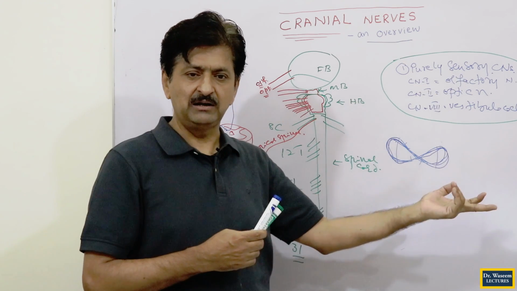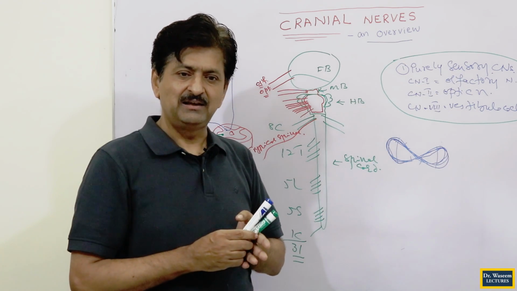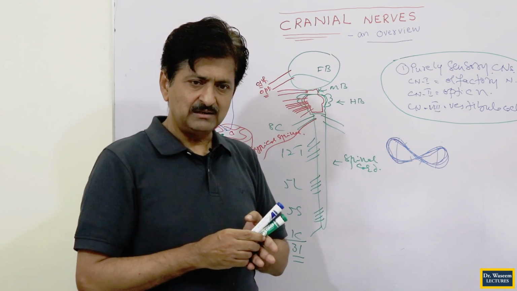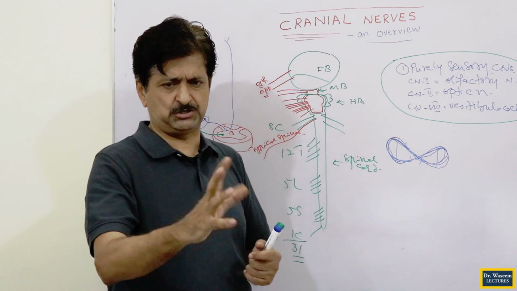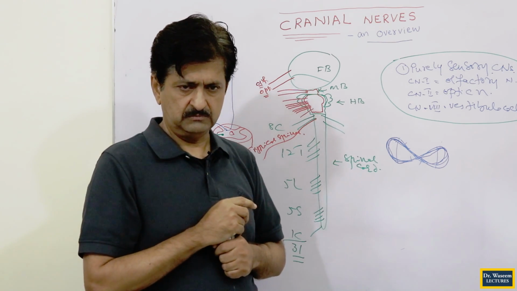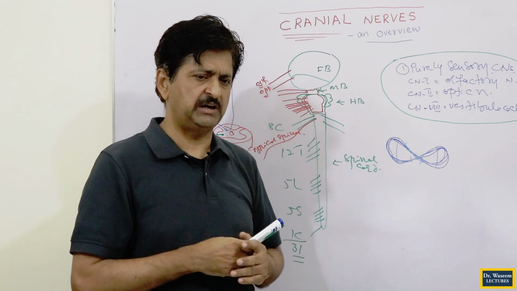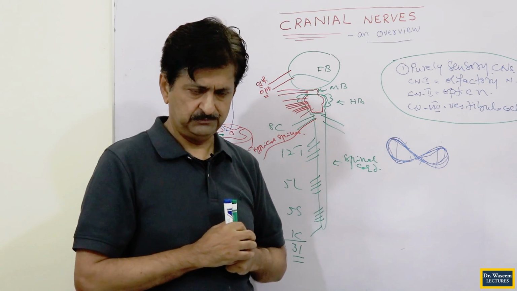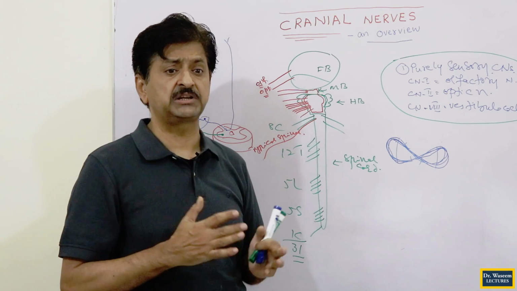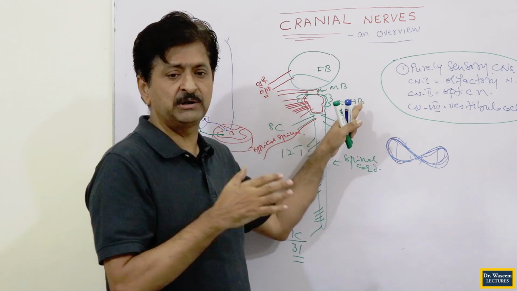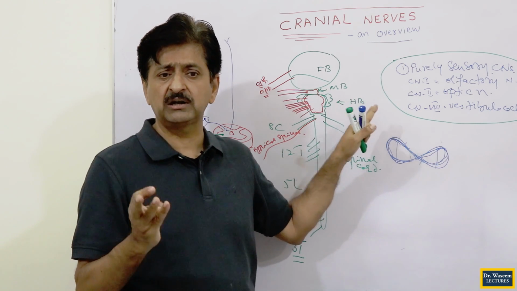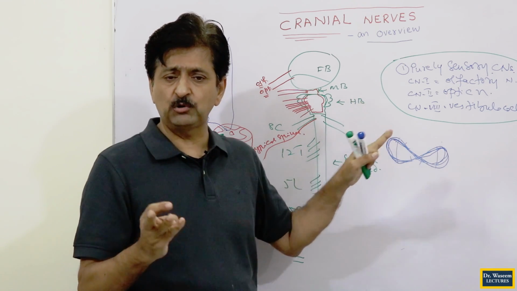Either they will be motor, or they will be mixed, or they may be additional nerves. You can even sometimes call them the accessory nerve. At least I don't put it into these groups of purely sensory, purely motor and mixed.